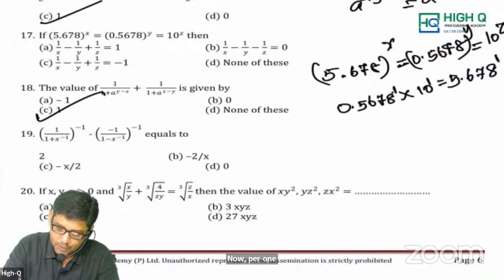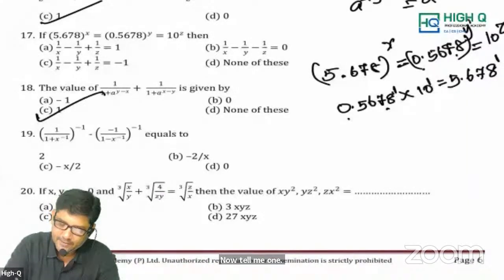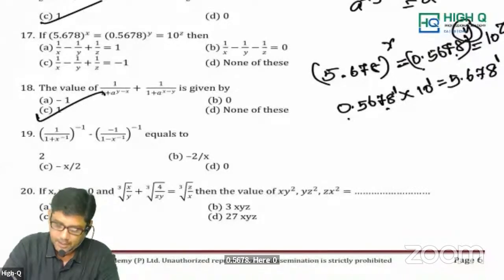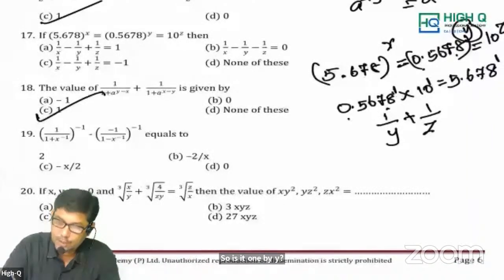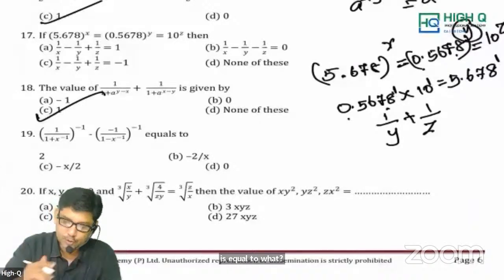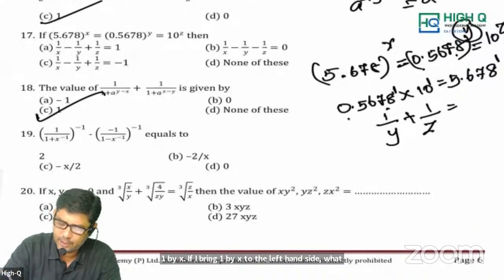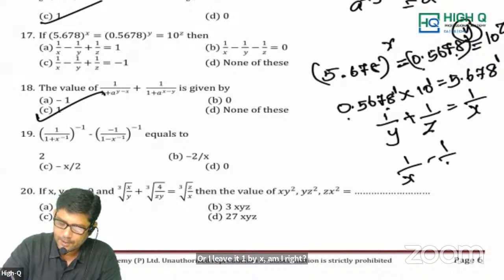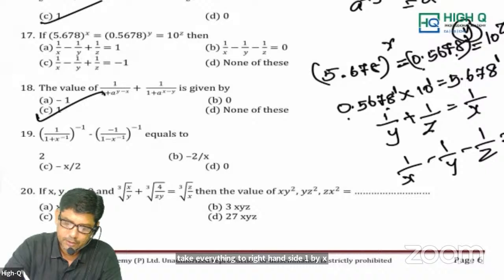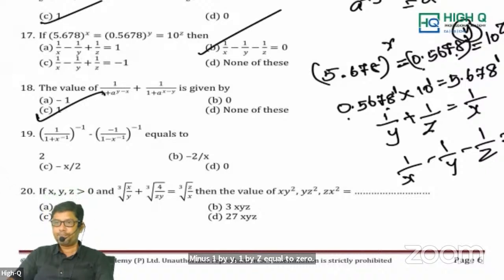Now tell me, what is there in the index? So is it 1 by y plus 1 by z is equal to 1 by x? Take everything to the right hand side: 1 by x minus 1 by y minus 1 by z equal to 0. Our option is what? B.